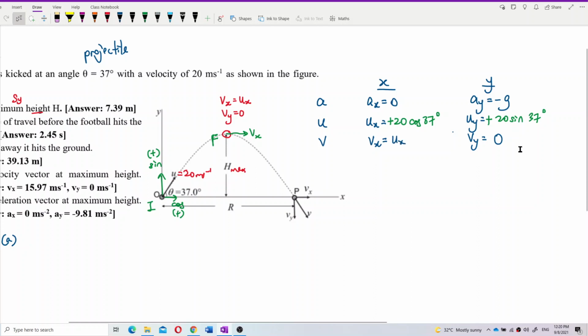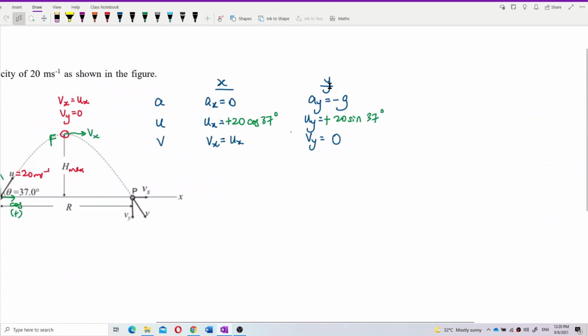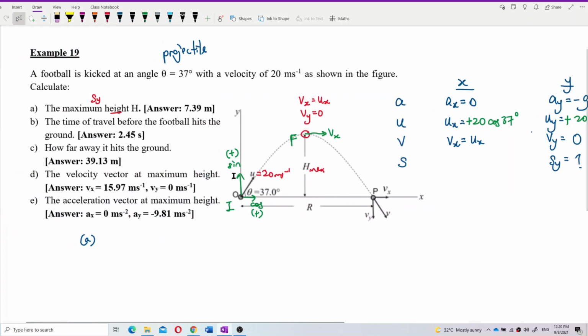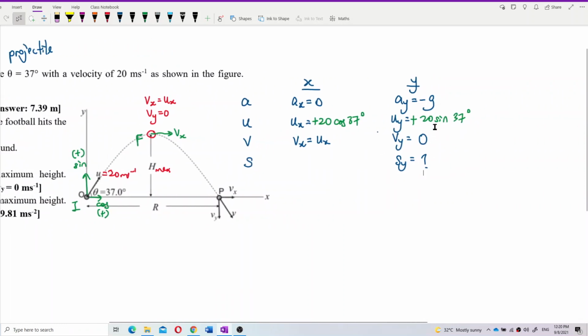Now what we need to find is the maximum height. For maximum height, we use the y component, so we look at the displacement sy. The height is sy. Can we use just the y component to get the displacement?